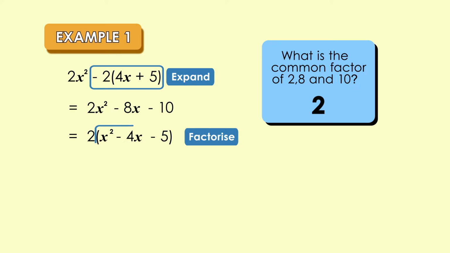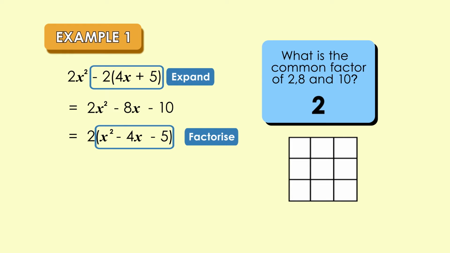Here, we have to factorize x² − 4x − 5. For x², we know it is x times x. Let's look at negative 5. We need to find two numbers multiplied to negative 5. It's simple: 1 times negative 5 or negative 1 times 5. Well, to get this right, we add up the two numbers to get negative 4.